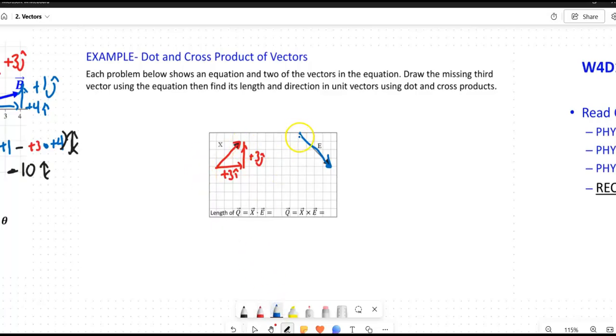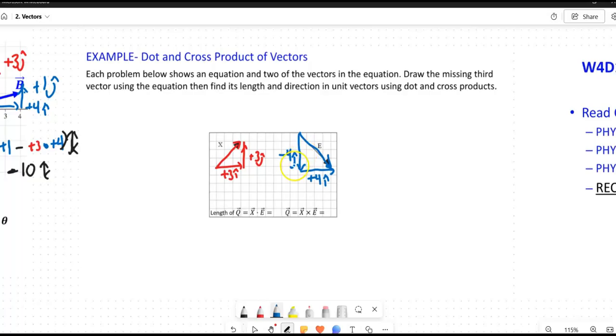I don't know if we'll need it. So that E vector is pointing down, which looks like 1, 2, 3, 4, so that's negative 4j. And it's pointing to the right 1, 2, 3, 4, so positive 4i.